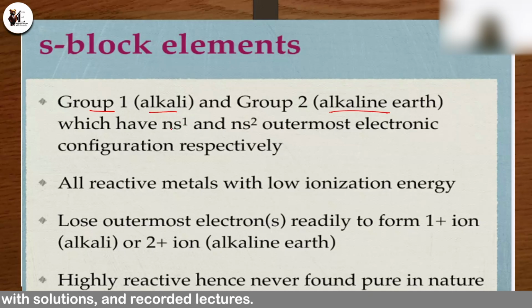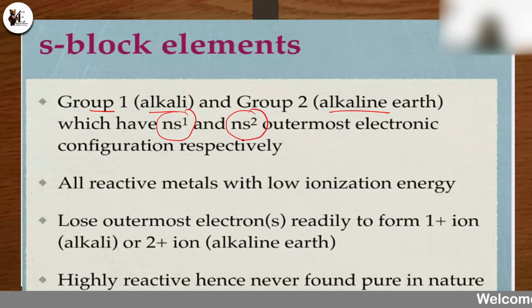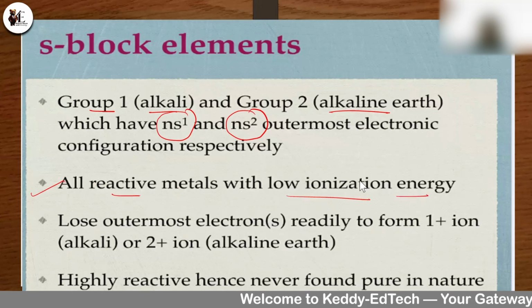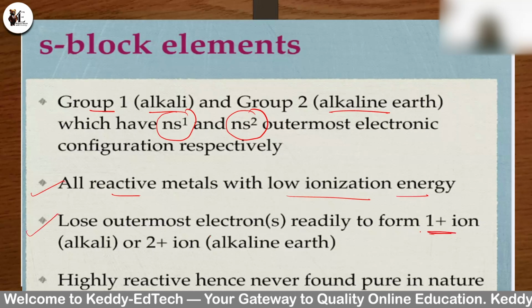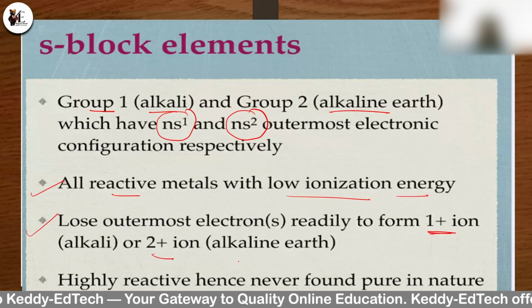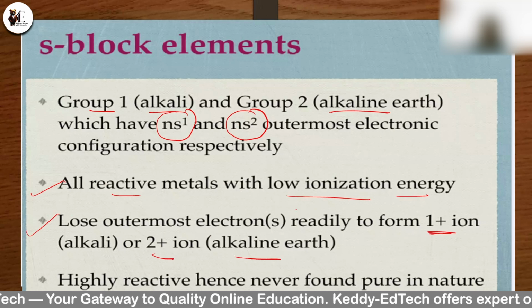The outermost electronic configuration is ns1 for alkali metals and ns2 for alkaline earth metals. They are all reactive metals, with low ionization energy. That means it requires very little energy to remove the last electron. They lose outermost electrons readily to form a 1+ ion, or a 2+ ion in case of alkaline earth metals, to achieve stability.